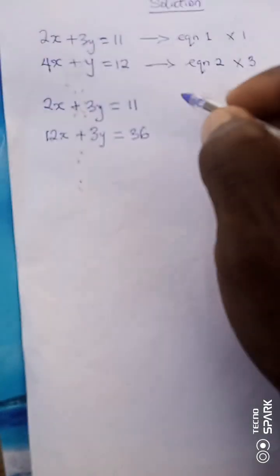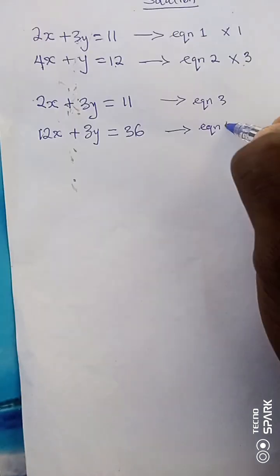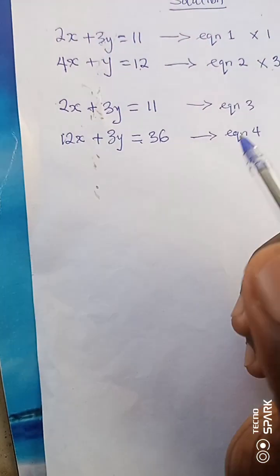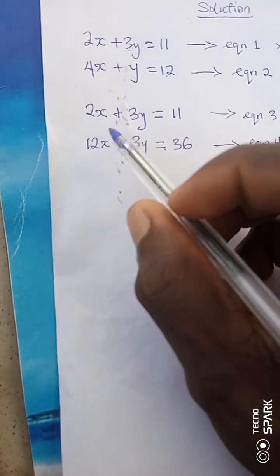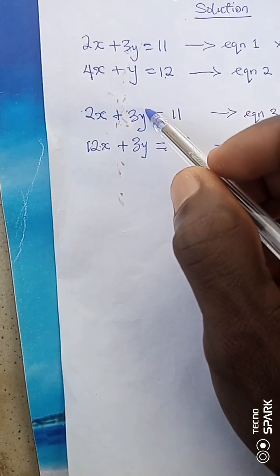So let's name this as equation 3 and equation 4. So now we're going to work with equation 3 and 4 to get x. That is, we're eliminating y.